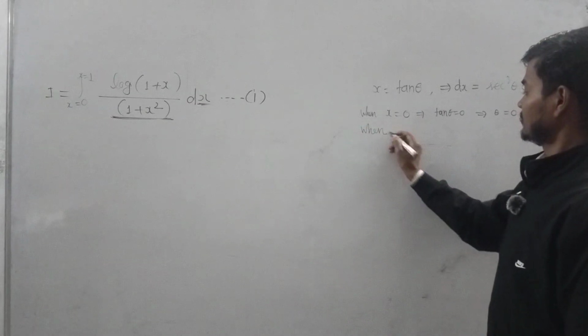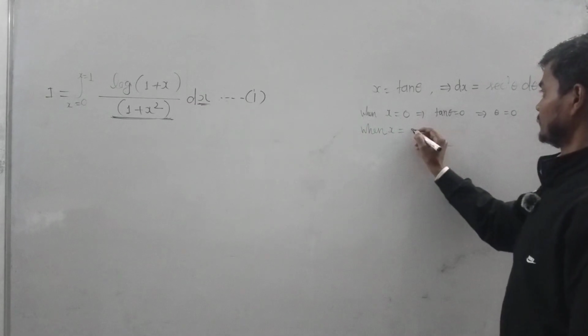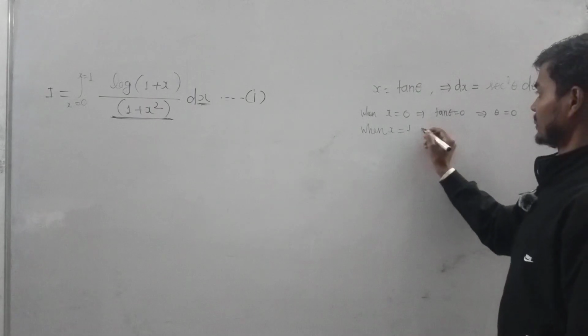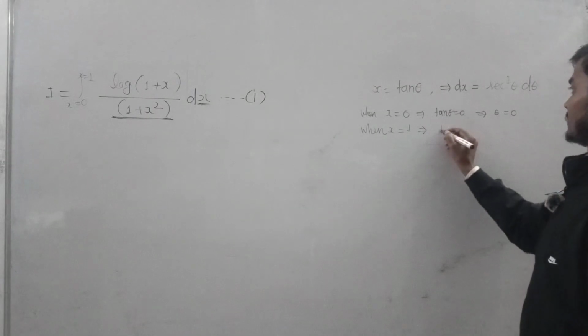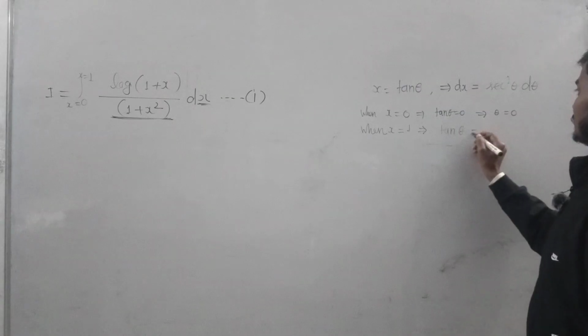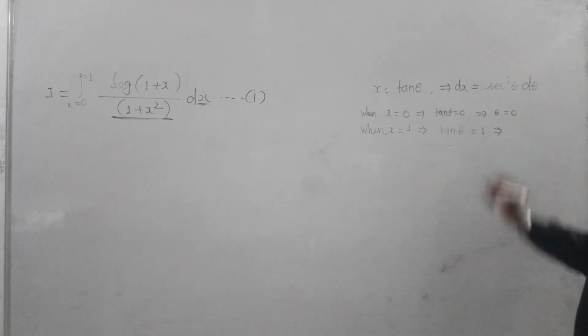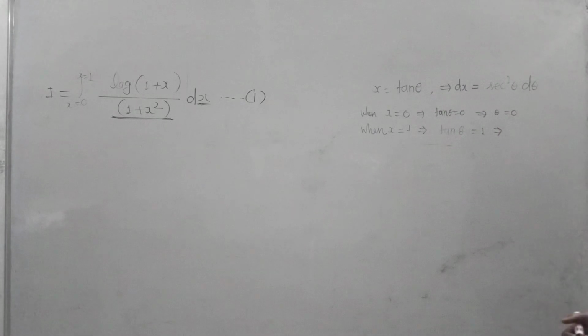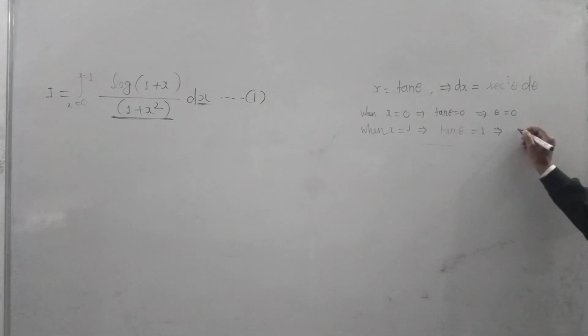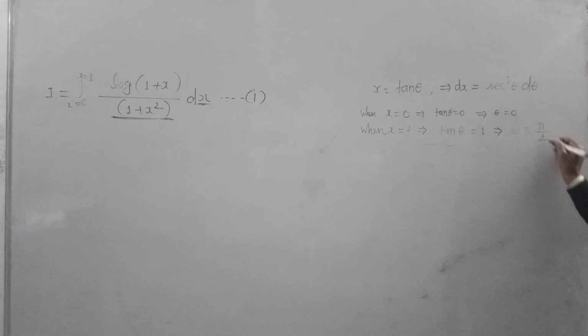When x equal to 1, this implies that tan theta equal to 1, and the value of tan theta is 1 when theta is equal to pi by 4.